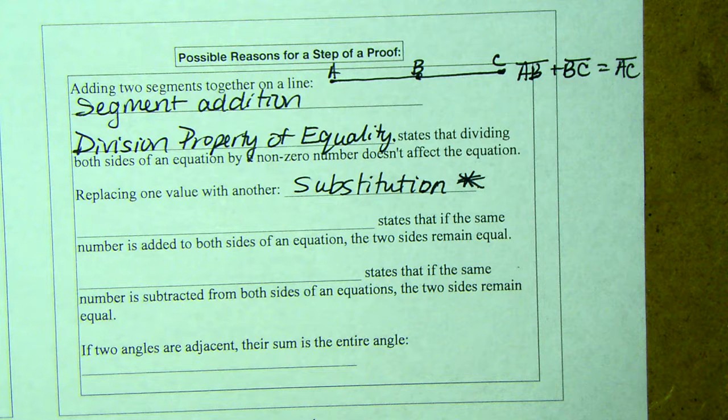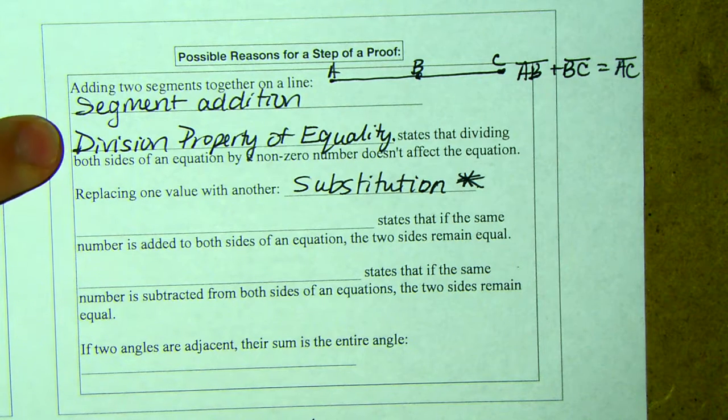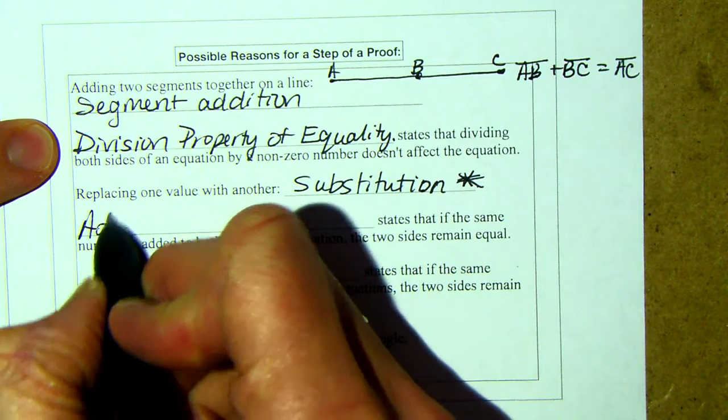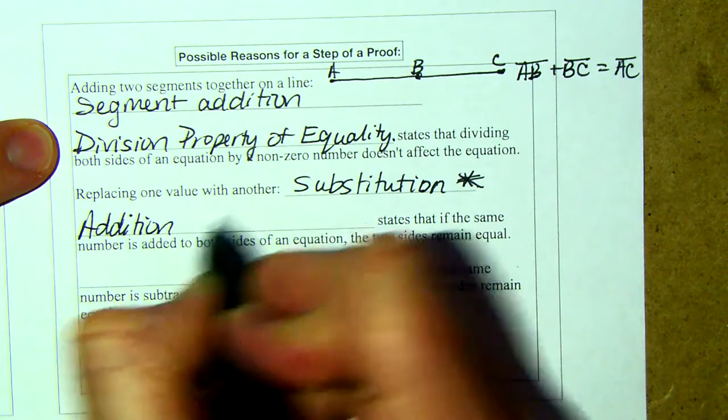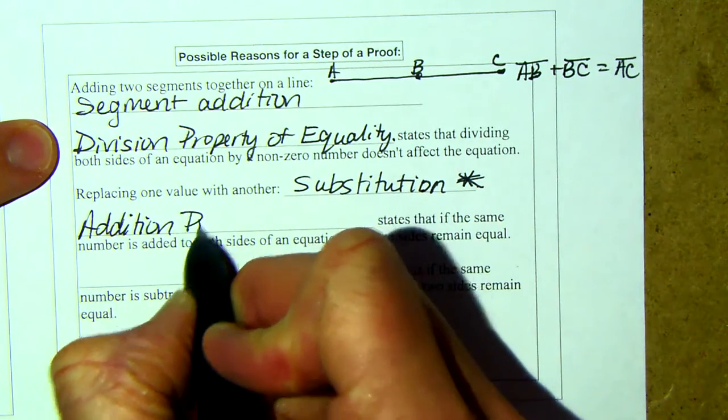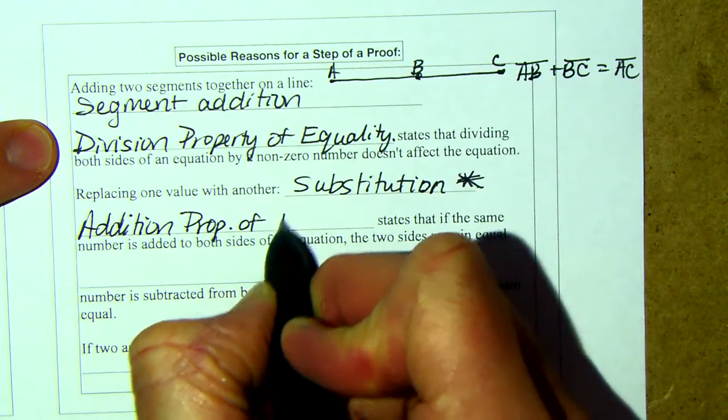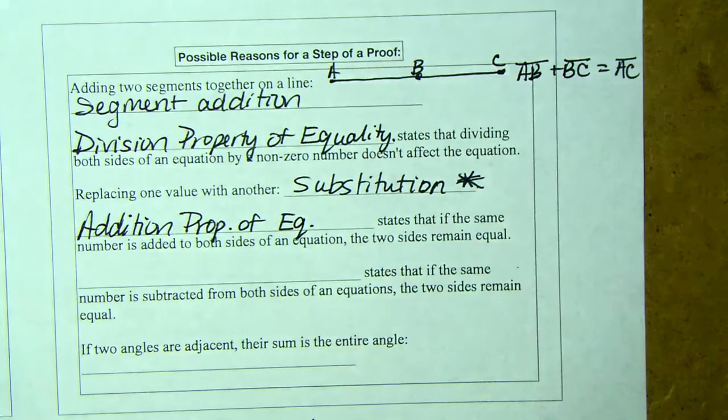Okay, what states that if the same number is added to both sides of the equation, the sides remain equal? Oh, I think I just talked about this. It's just like this one, but not division, so it's the addition property. And if you want to shorten it up, prop of equality. I'd let you do that.